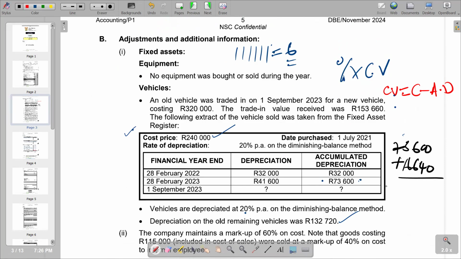Then we get the total. So if you add the two, you see the total that we are supposed to get. So you get 90,240.